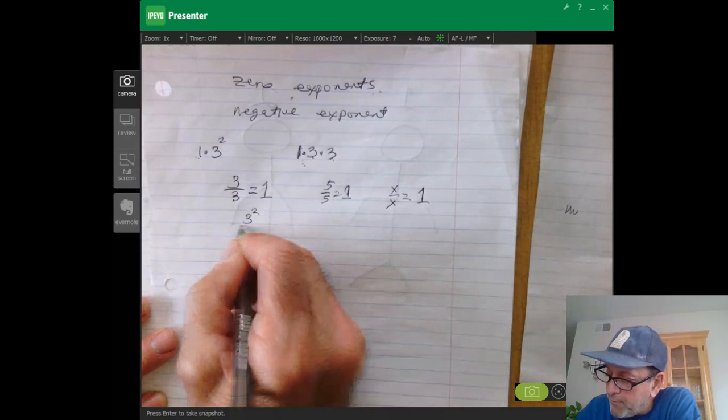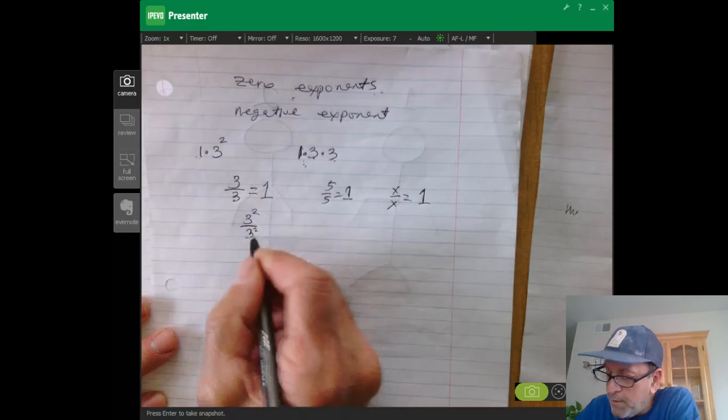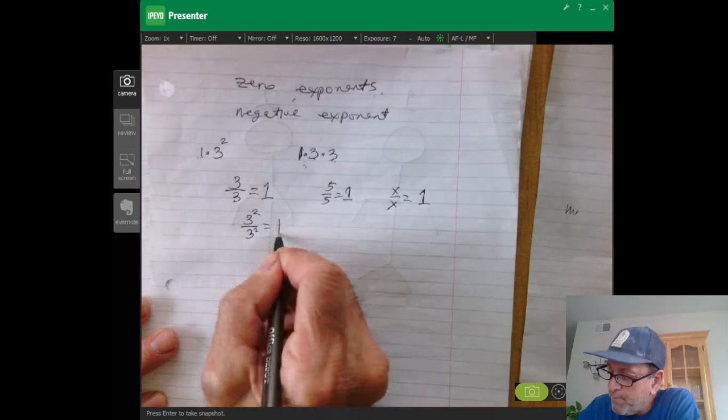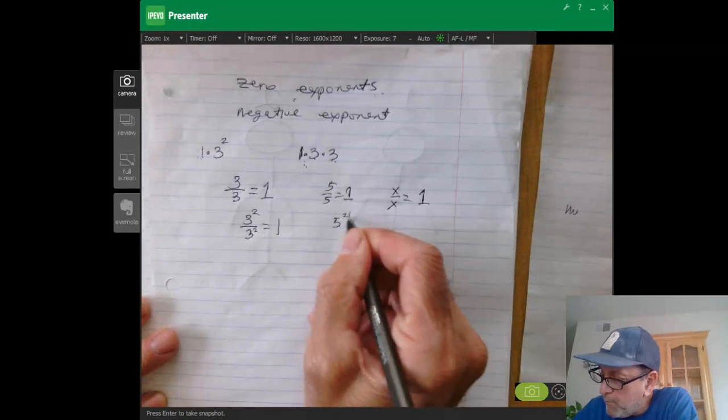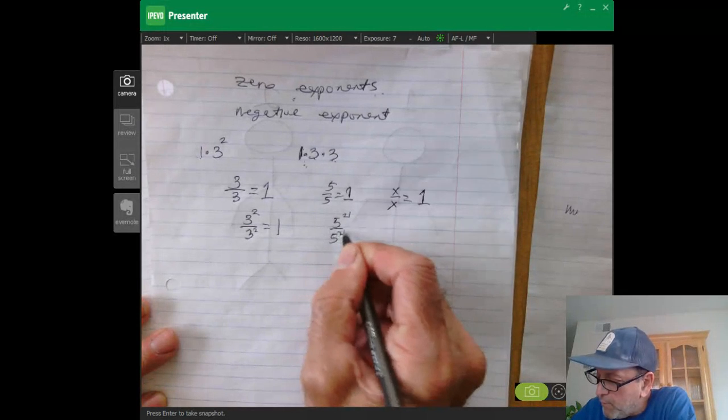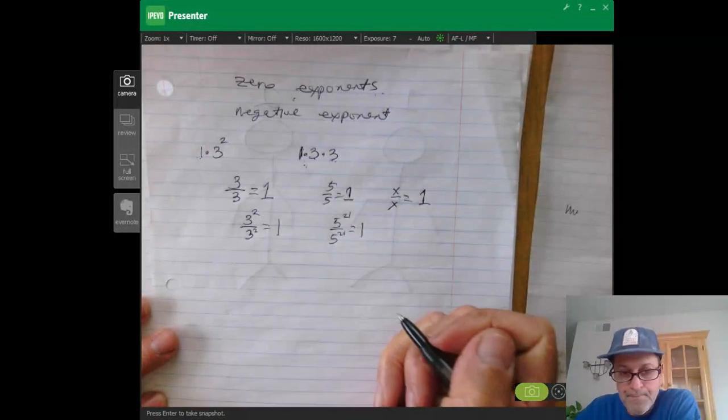That means 3 to the second power divided by 3 to the second power is equal to 1. 5 to the 21st power divided by 5 to the 21st power is equal to 1.